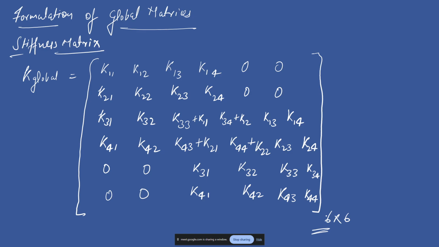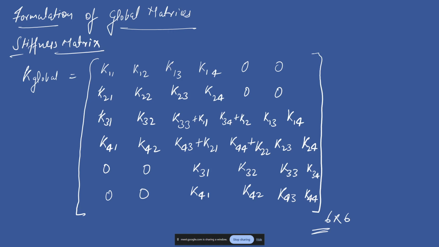Both the stiffness matrices are the same, so we only club the elements which are common between both the matrices.